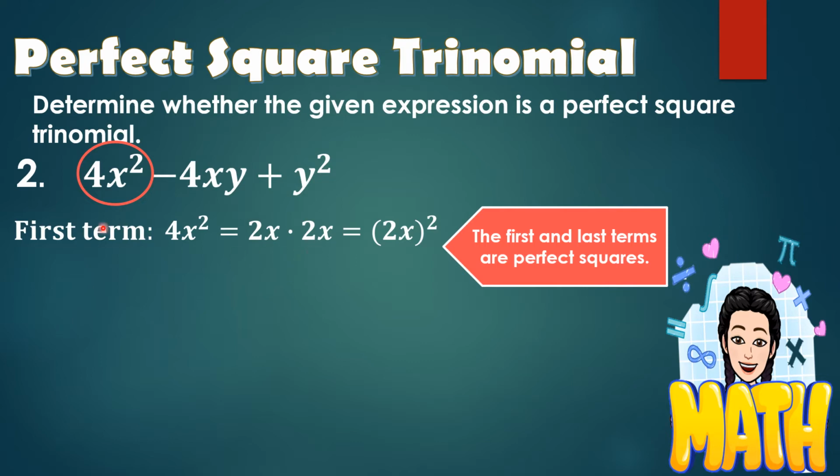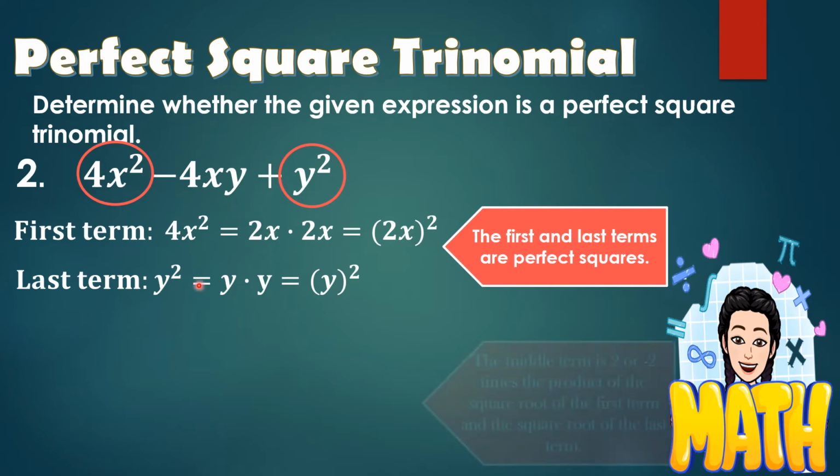Kaya naman, ang square root niya ay 2x. Para naman sa y squared, pwede natin siyang i-express as y times y. So, ang square root niyan ay y. Since parehong pwedeng makuha ang square root, pwede na natin silang i-consider as perfect squares.